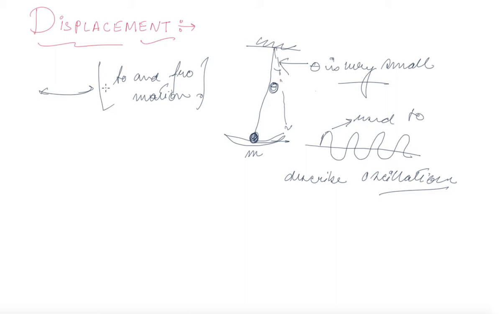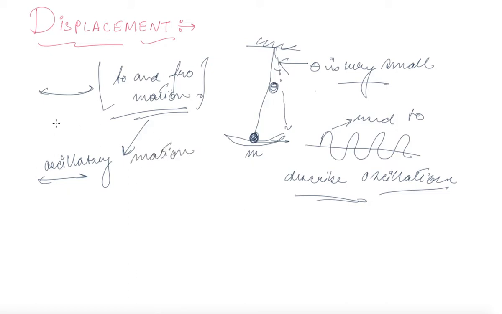So now by this particular statement and by this particular statement we will have an idea that if we have a to and fro motion or an oscillatory motion, then we can express this as a function of time.